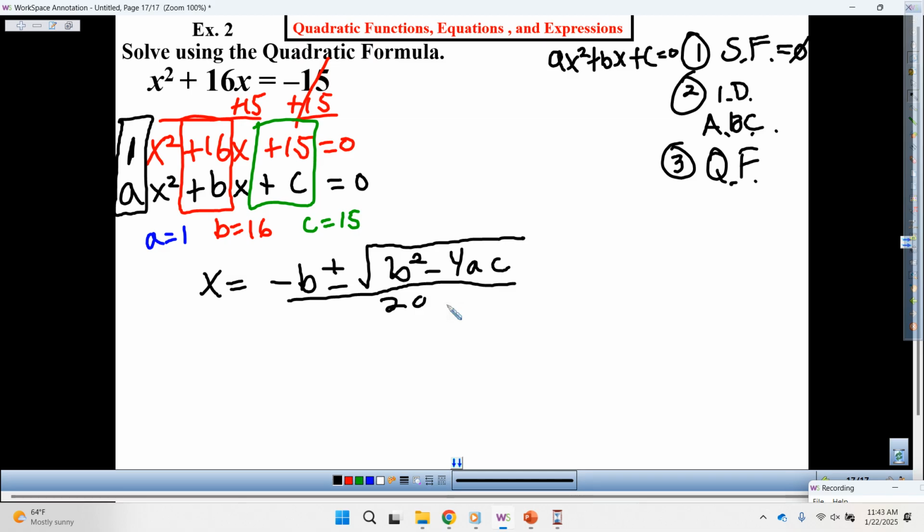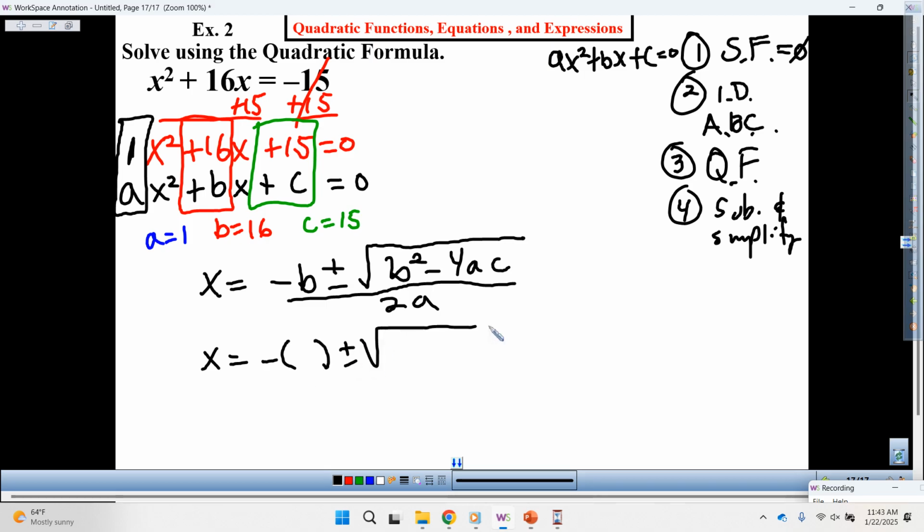Let's go. And number 4, substitute and simplify, and we're done. So how do we substitute? x equals minus parentheses for the b, plus or minus square root, parentheses for the b again, minus 4 parentheses for a, parentheses for c, over 2 parentheses for a.